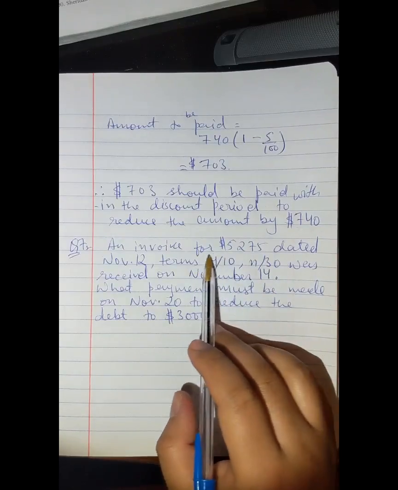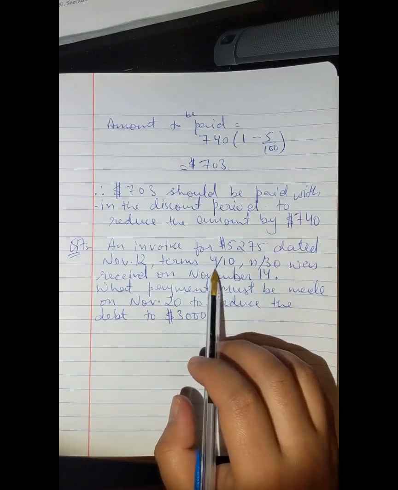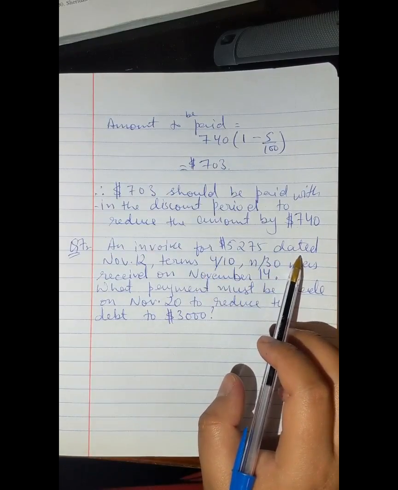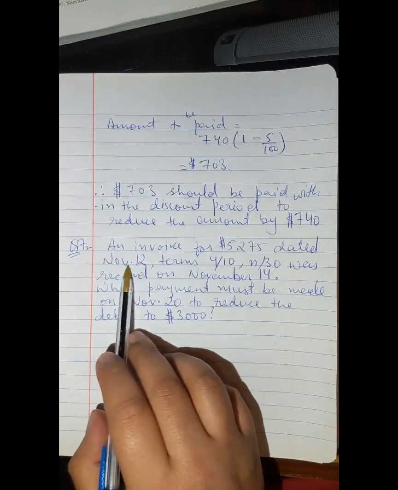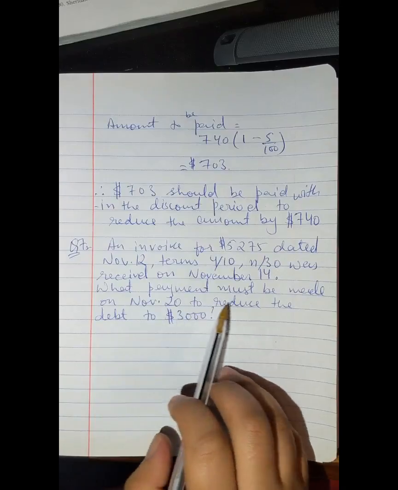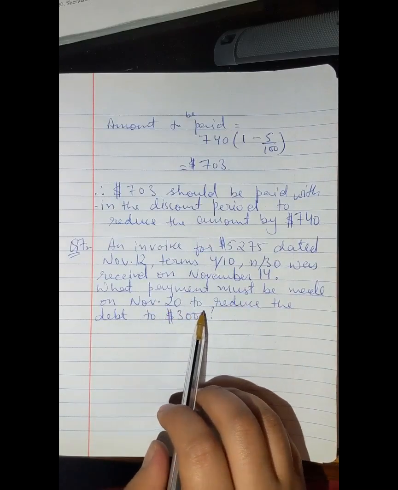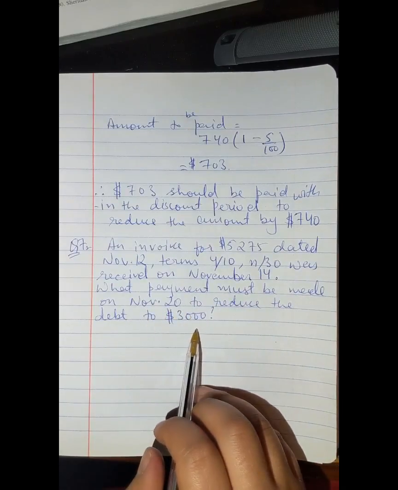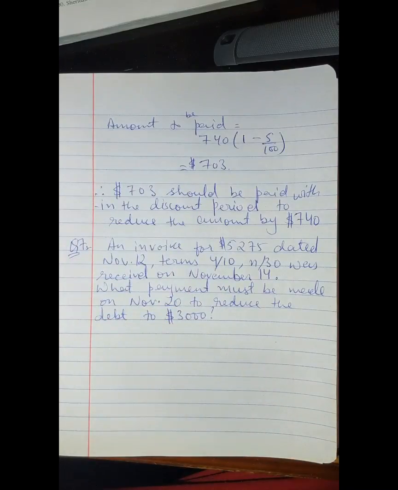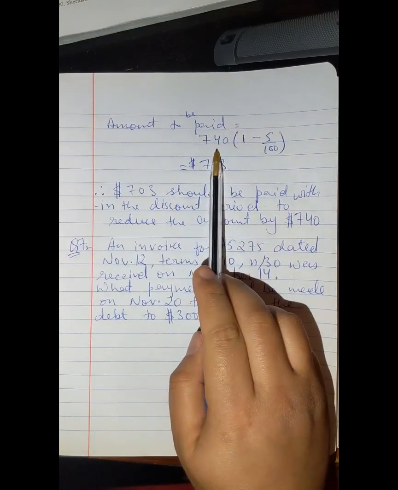Okay, these are just ordinary terms. These are just ordinary dating. It doesn't have any EOM or ROG. So everything will start from this date. We don't care when they received it. It says what payment must be made on November 20th to reduce the debt to 3000. In the previous question, I wanted to reduce the amount by $740.